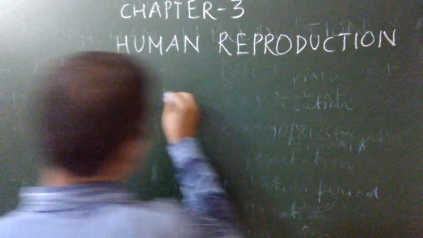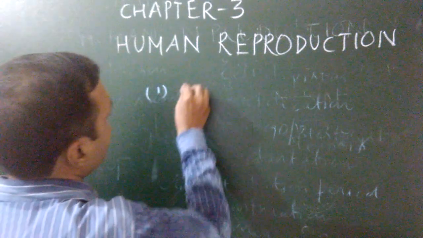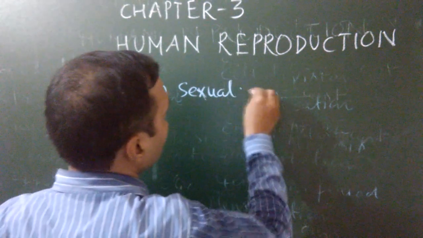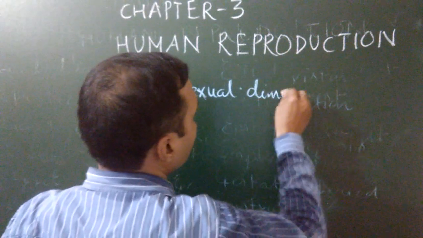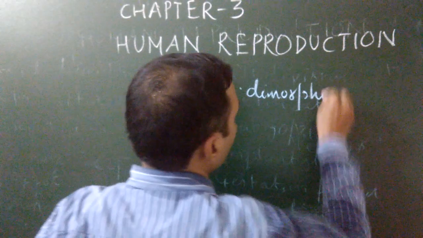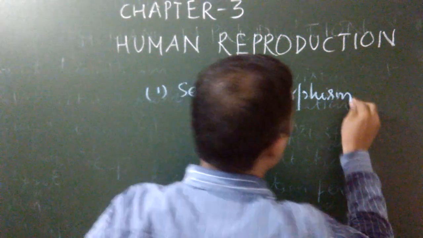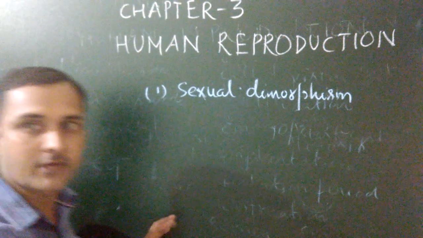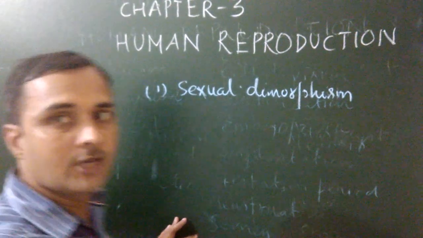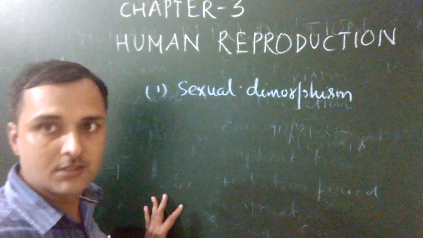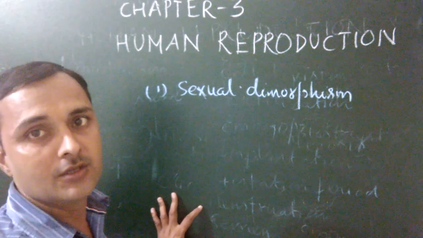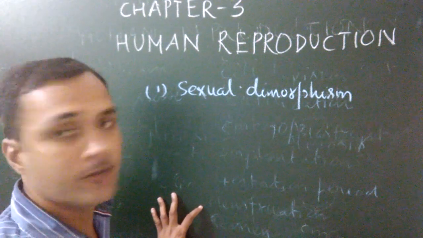First one is, what do you mean by the term sexual dimorphism? You know, in unisexual animals, male and females look different. The phenomenon by which both male and female look morphologically different is known as sexual dimorphism.